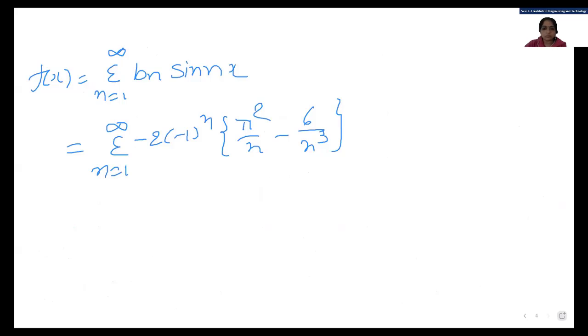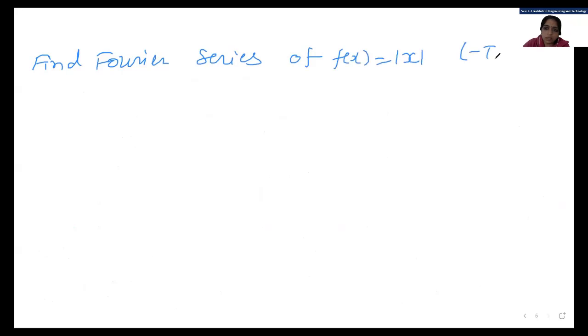Now, suppose our question is: find the Fourier series of f of x is equal to mod x in the interval minus pi to pi. Okay, f of x is equal to mod x in the interval minus pi to pi.